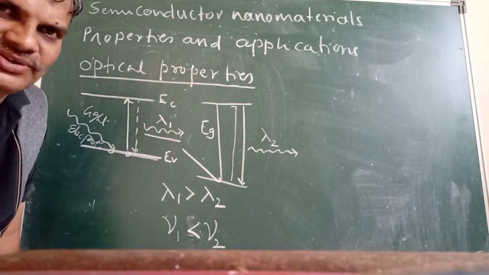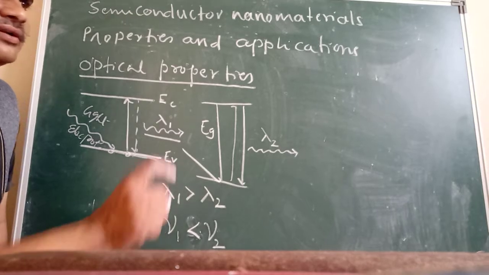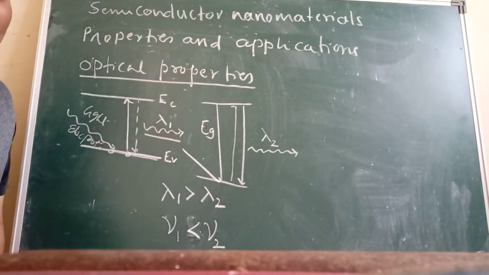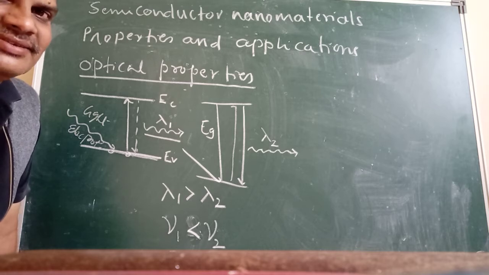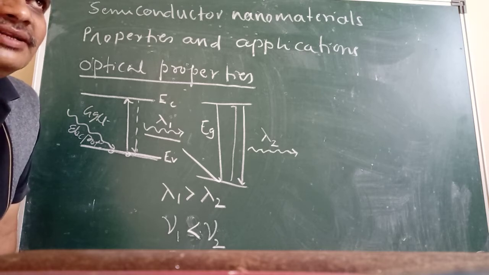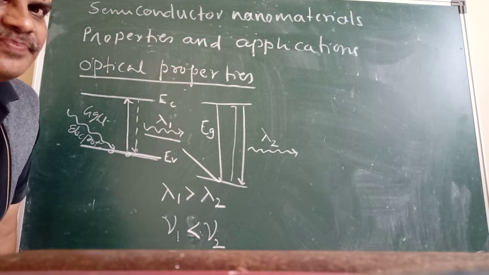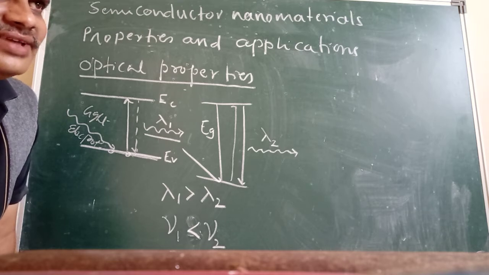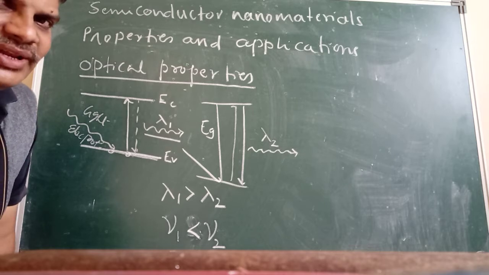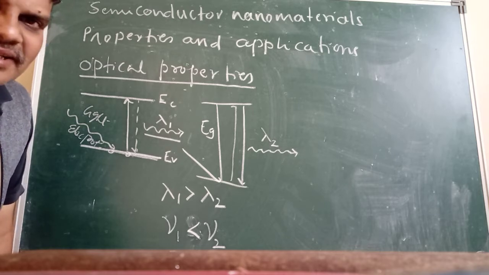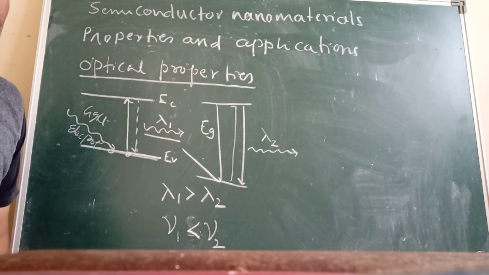If you observe, there are color bottles filled with liquid, and that liquid contains the semiconductor nanoparticle suspension. If the size of the nanoparticle decreases, the color changes from red to blue.